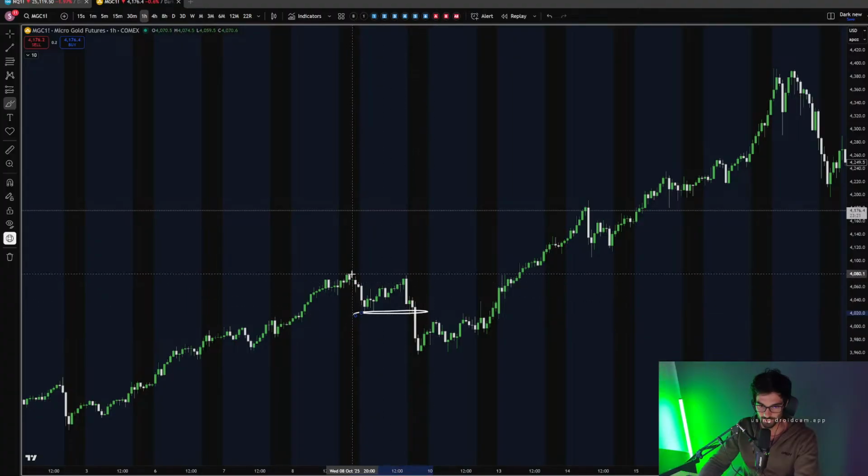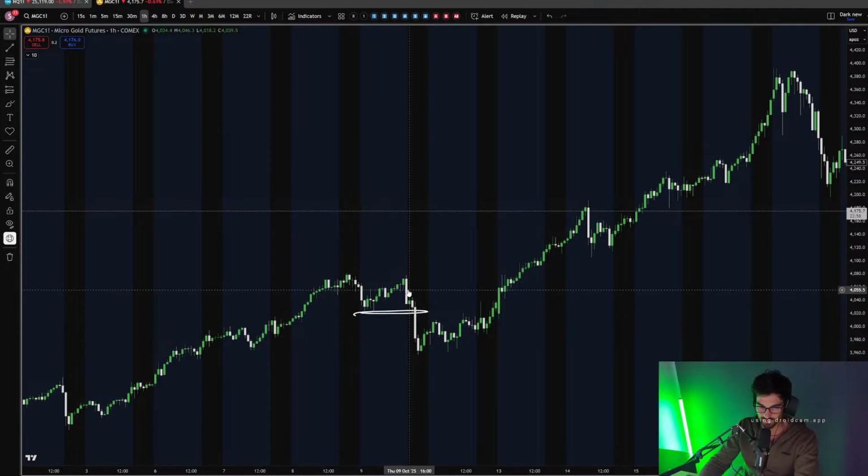Actually, the low that made this high was this low, so for a proper trend reversal, we should be looking at this low to be broken impulsively, which you can see it didn't, because this low here did not break it impulsively.